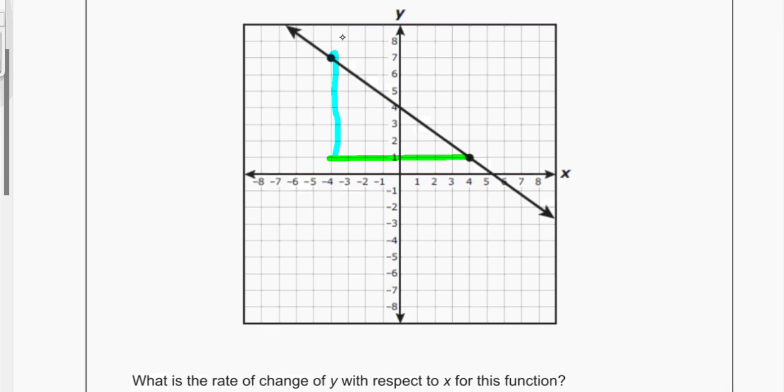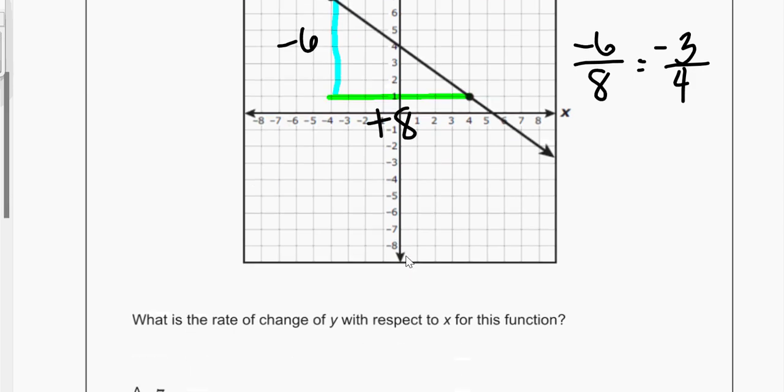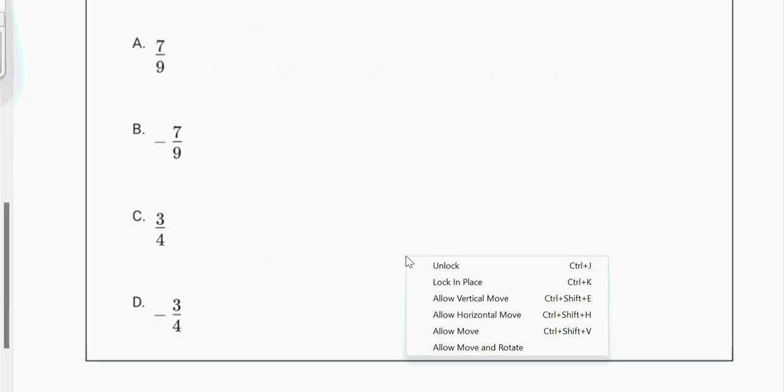I went from 7 all the way down to 1, so it decreased by 6. And I was at -4 and I ended at 4, so it increased by 8. So -6 over 8 equals -3/4. So the best answer would be D.